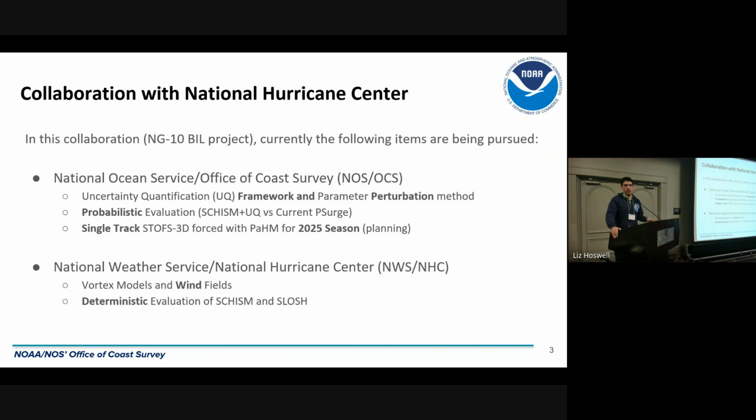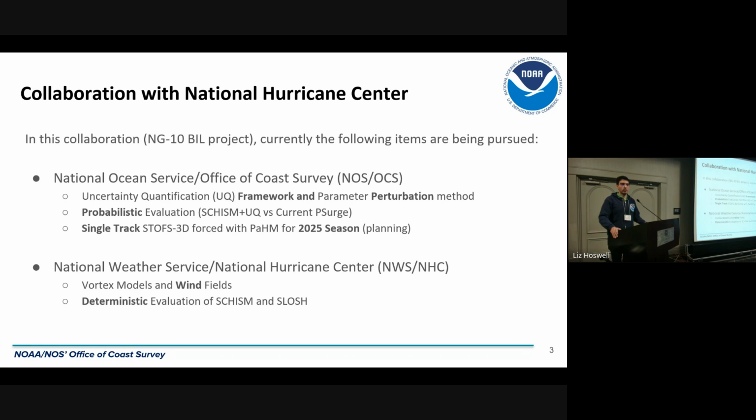As part of this project, we defined some tasks that we're currently working on. As Ben mentioned, one part is evaluating the vortex models and wind fields, which is being done by the NHC, and also deterministic evaluation of SCHISM and SLOSH is something that NHC is looking into.